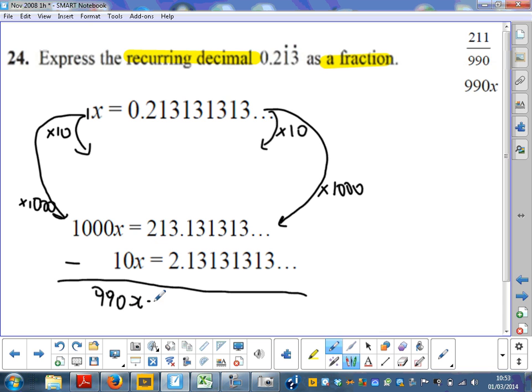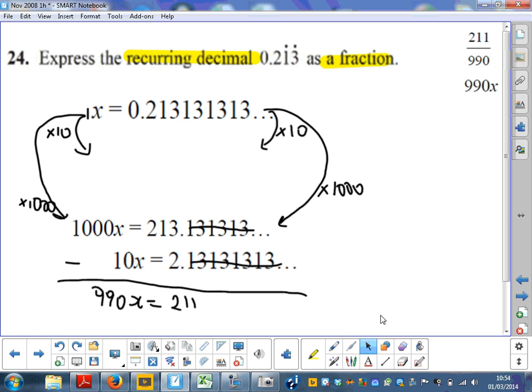Once I do this part, 213 minus 2, this part actually goes to 0, which is exactly what I want. So it becomes 213 minus 2 which is 211.